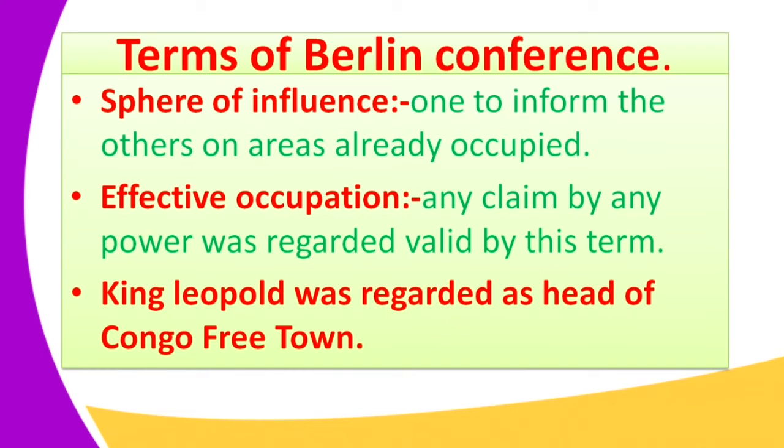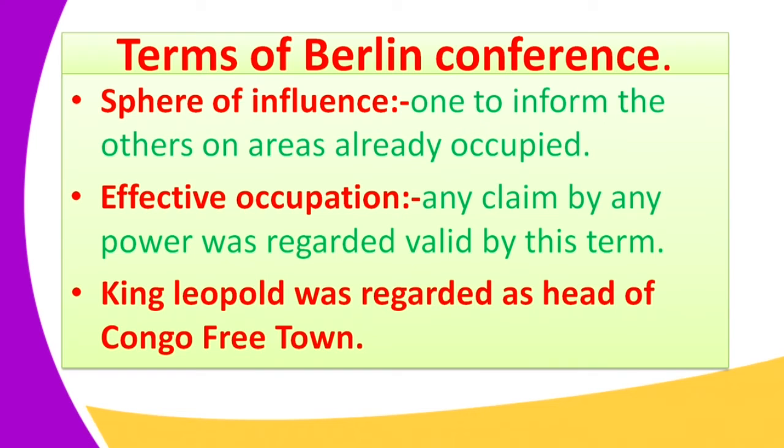The third term of the Berlin Conference is that King Leopold was regarded as the head of the Congo Free State. King Leopold II was regarded as the leader of the Congo. And the conference partitioned the Congo Basin between Portugal, France, and Leopold's Congo Free State.